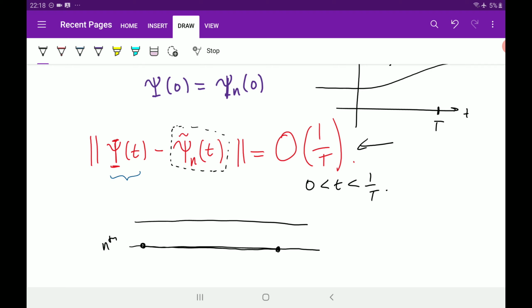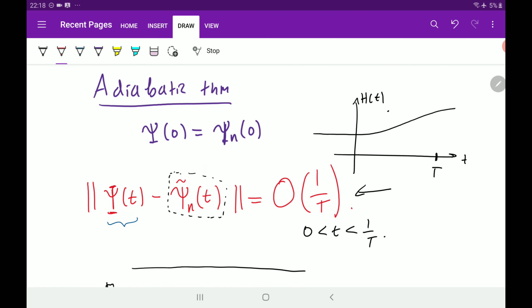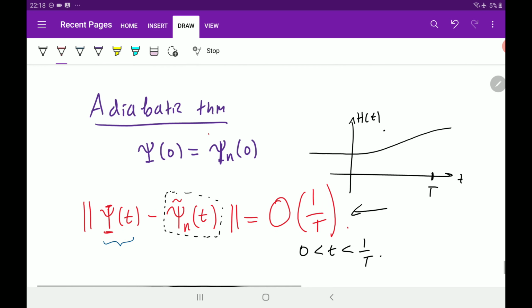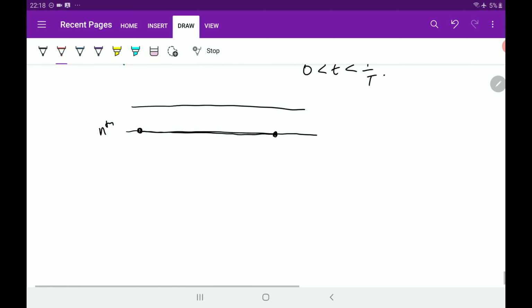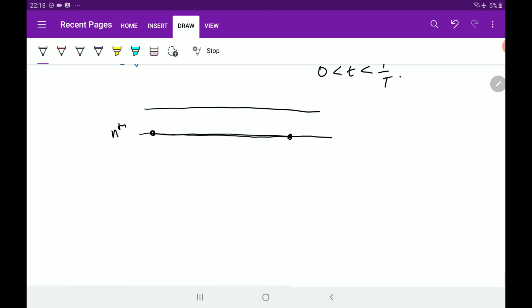Now, furthermore, the important thing is that this psi tilde n of t is not the same as this guy. We're not saying that the actual wave function is going to be very close to the initial wave function. Instead, it is going to evolve in time, but it's going to pick up a phase factor, and the phase factor is what all the calculation, if you work through it, gives you.